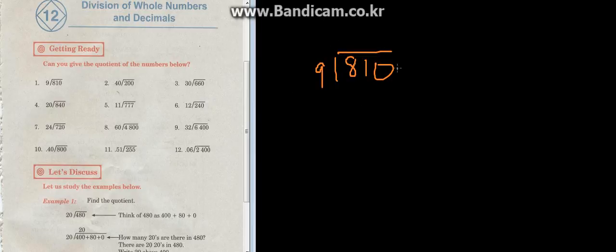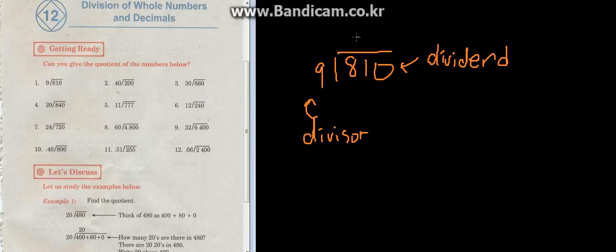Let's say we have to do this kind of division, and this was called the dividend, right? Dividend, and this one was called the divisor. This is the one that you divide by, and the answer that you will get here, some number right here, that's called the quotient, right?